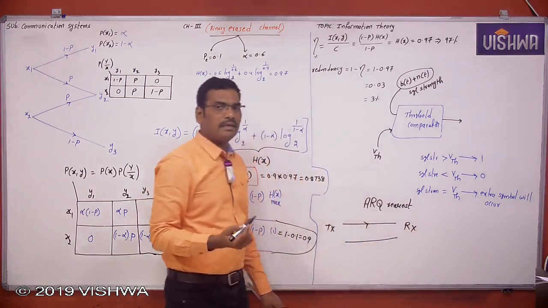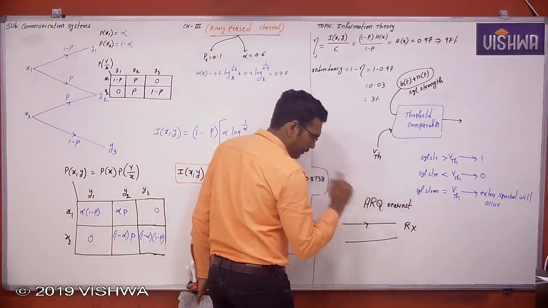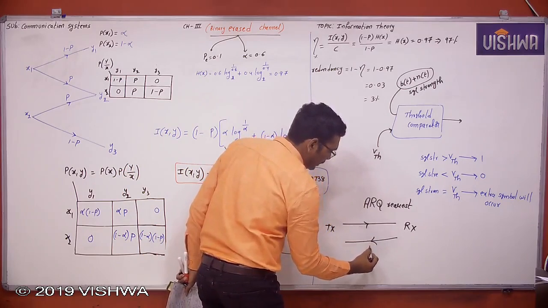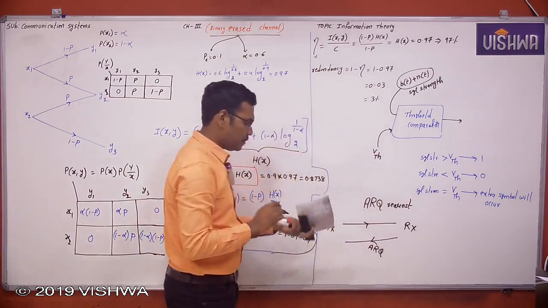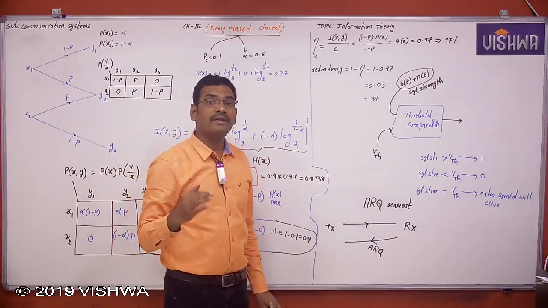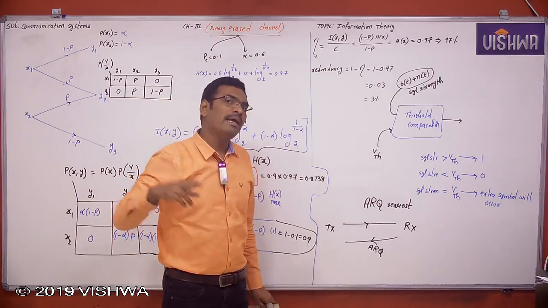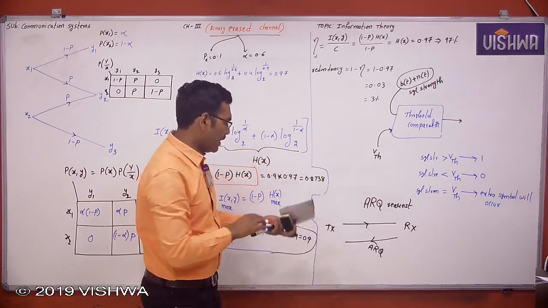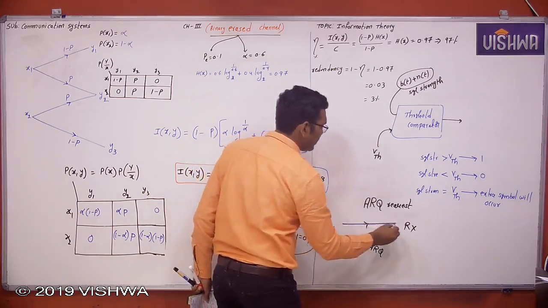The receiver is sending an ARQ request, meaning automatic request for retransmission: whatever information you just transmitted, retransmit it again. So the transmitter again transmits the same symbol.